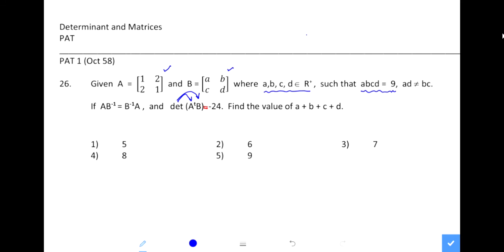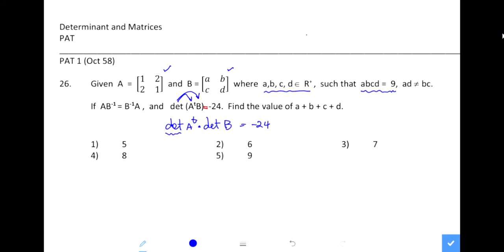We just call it distribute the expand. I'm not sure, but this is a property, so you can have det of A transpose multiplying with det B, and it's going to be equal to negative 24. You know what? This one looks most friendly, so we're going to start here.